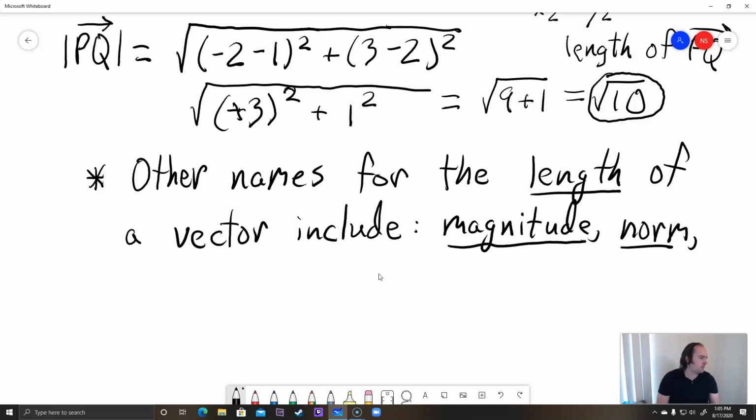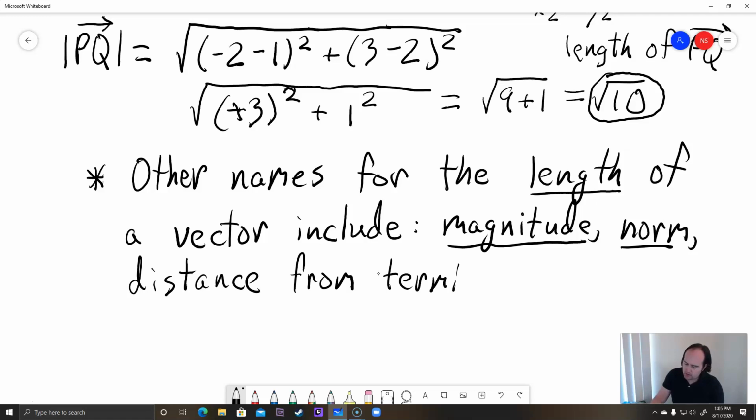And then there's probably another one that I can't think of right off the top of my head, but some people call it distance, I guess. That one's pretty rare, but distance from initial point to terminal point.